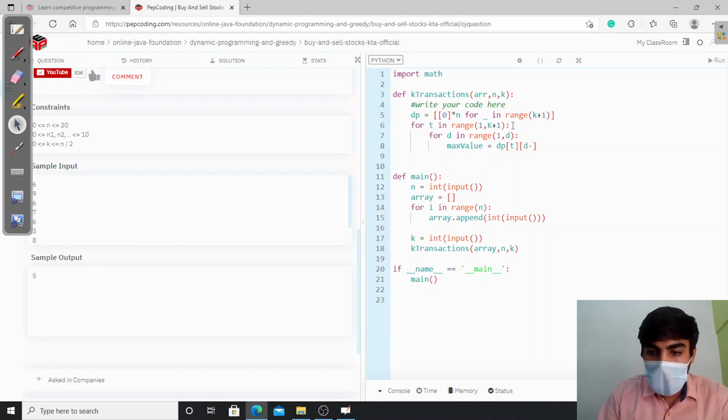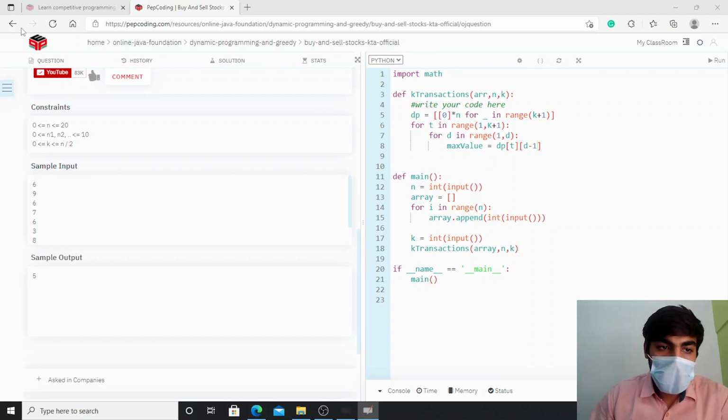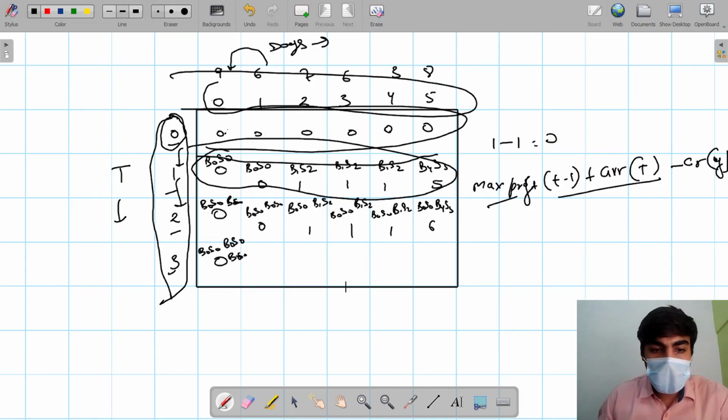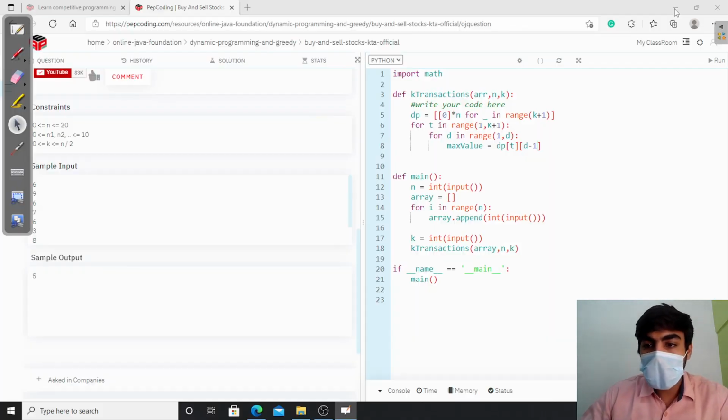Why am I doing this? Firstly, I am taking the older profit. The transaction count stays as it is, but for days we are finding the maximum profit for 2 transactions up to the previous day, at the 0th day. So I am writing this as it is here.